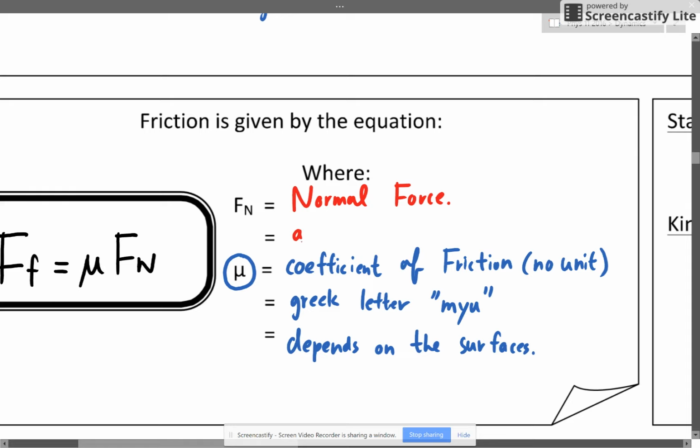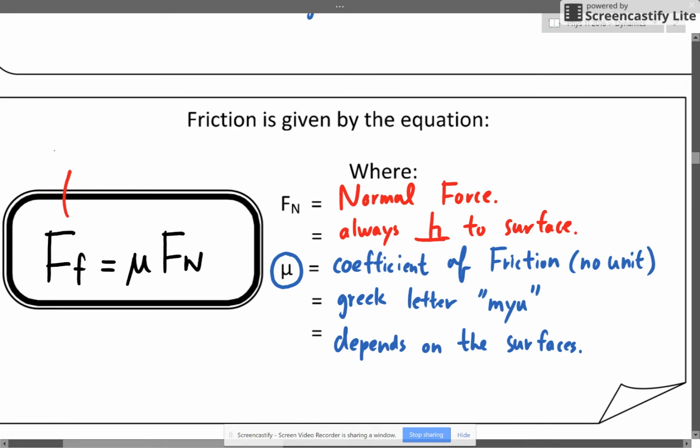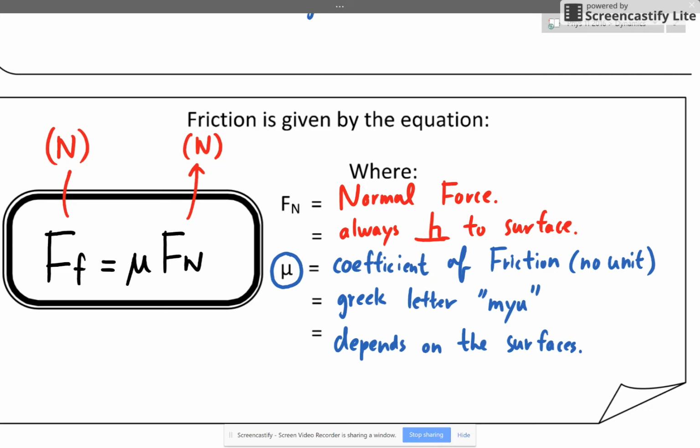But it is, however, always perpendicular to the surface that you're sitting on. So if you look at the units, force of friction is in Newtons. Normal force is also in Newtons. And mu has no unit.